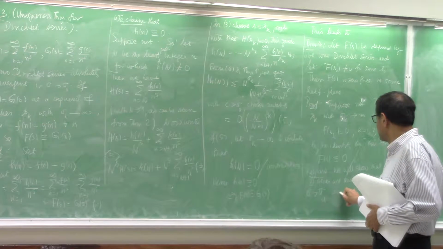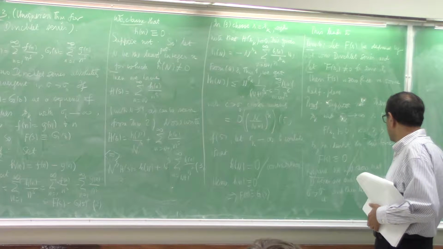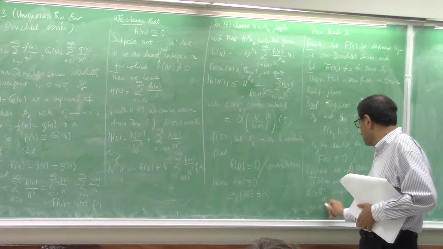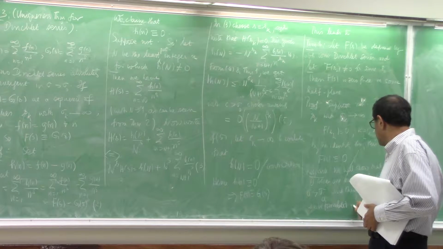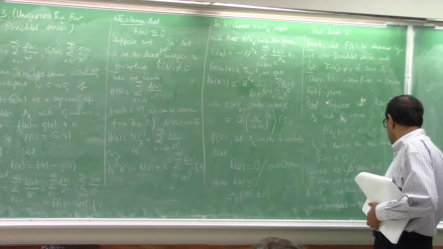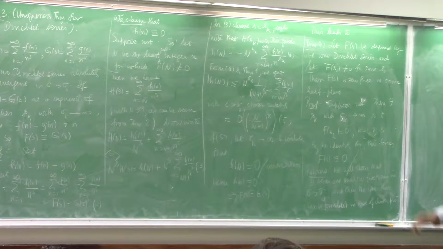And then the identity theorem can be formulated in terms of cluster points. Okay, you don't need the infinity. There's a sequence s_k which clusters, and the two functions are equal there, then f of s and g of s are the same.